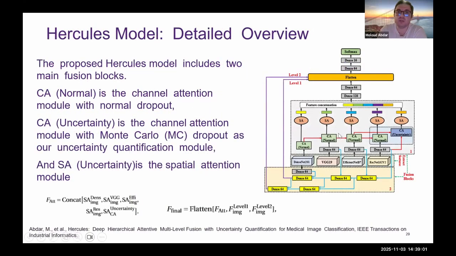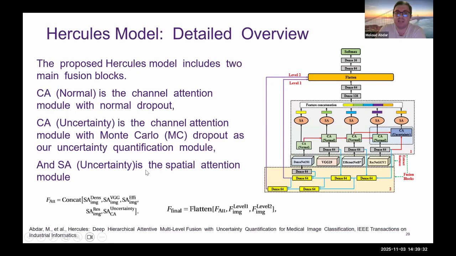This is the detailed overview of the proposed Hercules model. As you can see, the proposed Hercules model includes two main fusion blocks. CA, which is the channel attention module with normal dropout. And then we have channel attention with uncertainty, which comes with Monte Carlo dropout as our uncertainty quantification module.